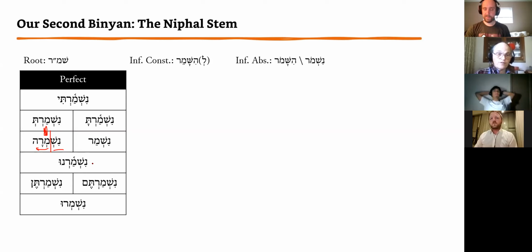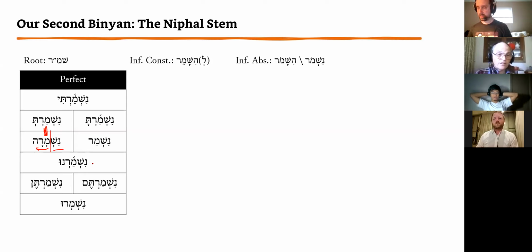She was guarded. Precisely. Then nishmarnu, we were guarded. Nishmartem, you plural were guarded. Nishmarten, you feminine. Well, the first one was masculine, this one, the ten, the feminine, you were guarded.